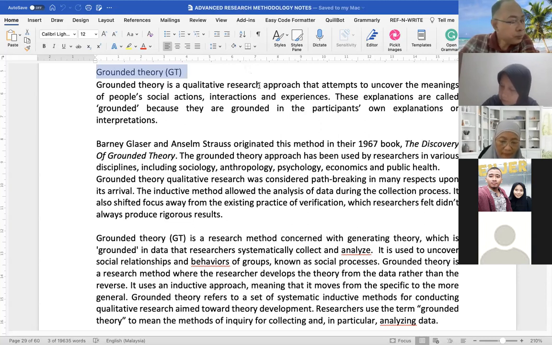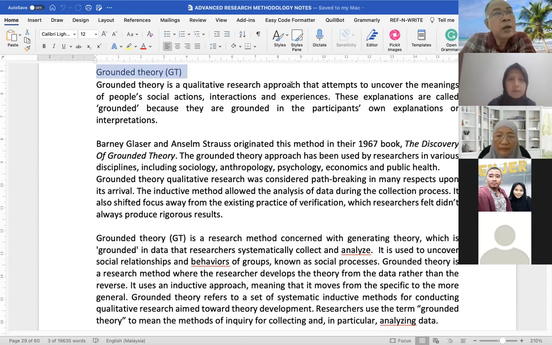And probably in May, we will have workshops on SPSS and on PLS, and then maybe one workshop on academic writing, where we will teach the PhD students how to use Grammarly.